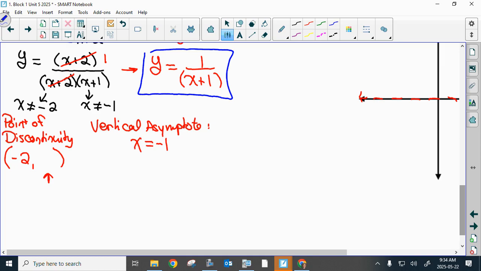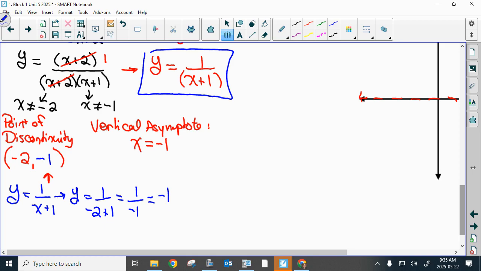But with our simplified equation, if I put the -2 back in there, I get 1 over -1, which gives me negative 1. There's a hole at -2 and -1.